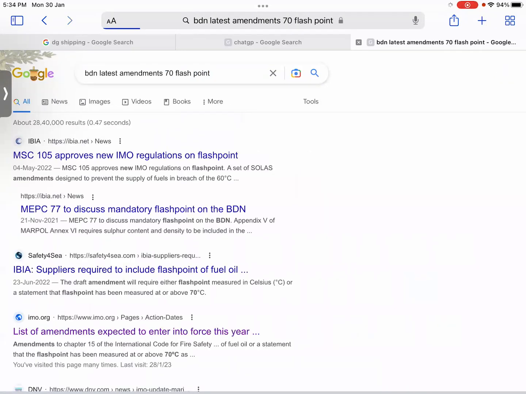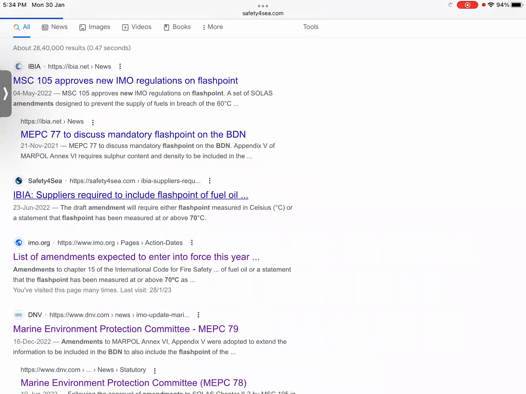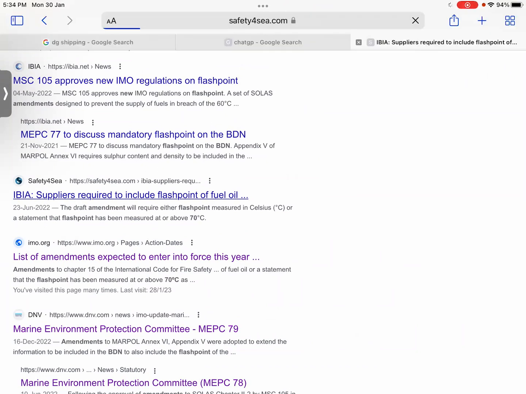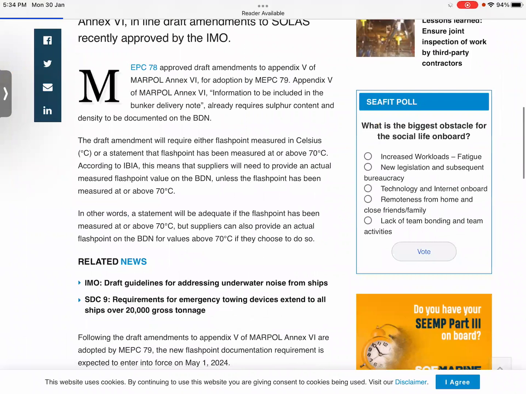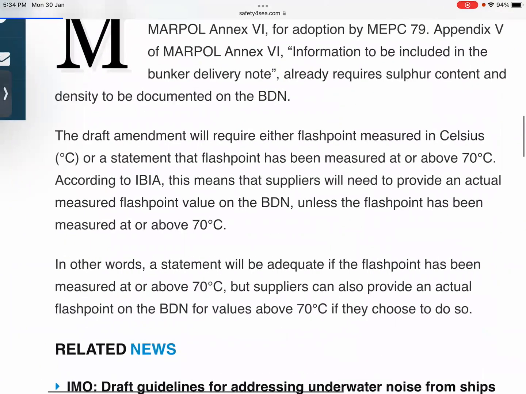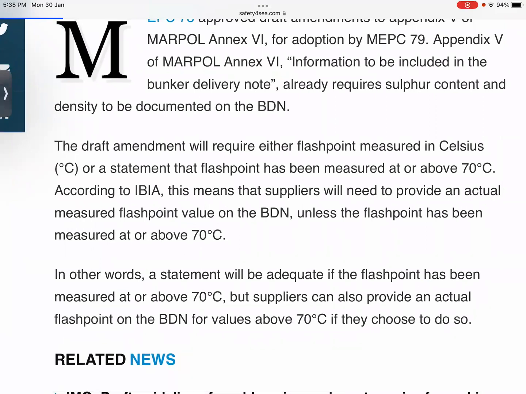This was changed recently, right? Okay. This has been approved. See, please read this. According to this, the supplier will need to provide an actual measured flash point on the BDN unless the flash point has been measured at or above 70.